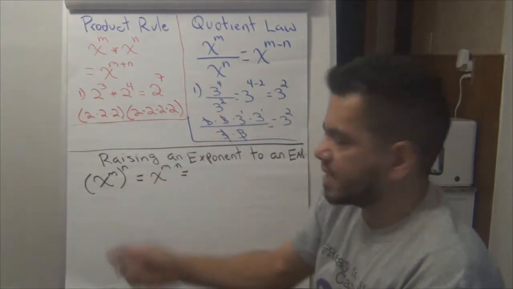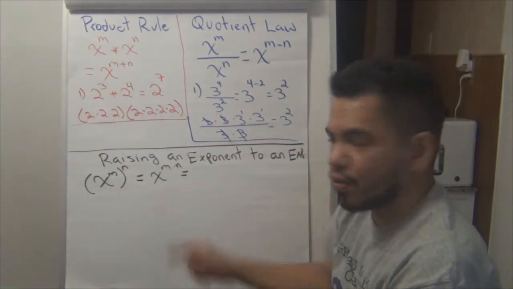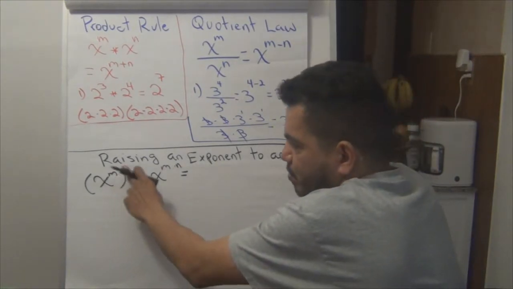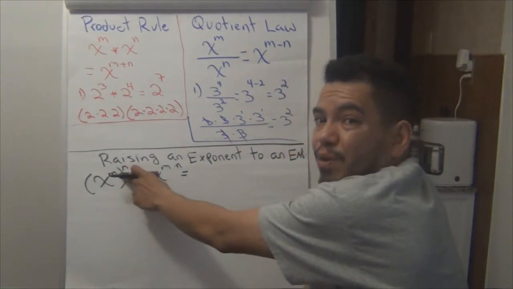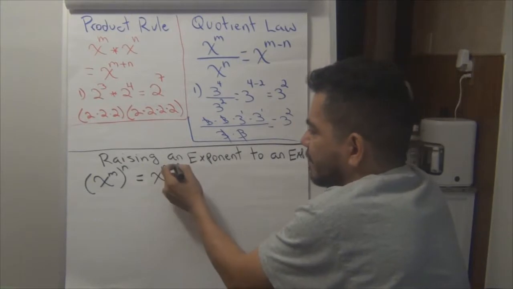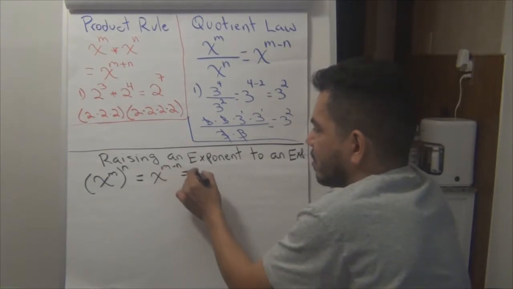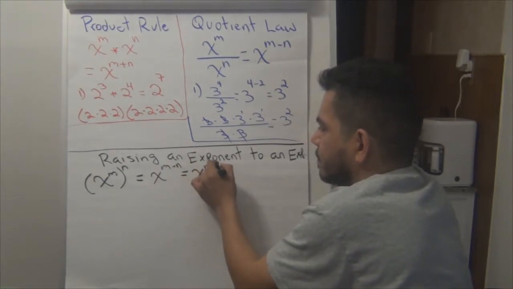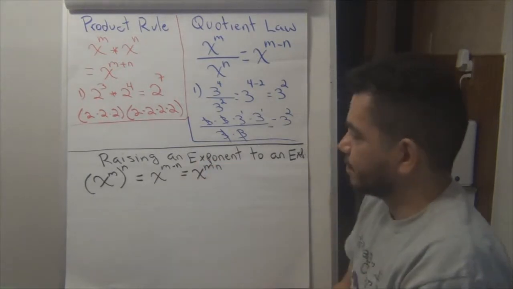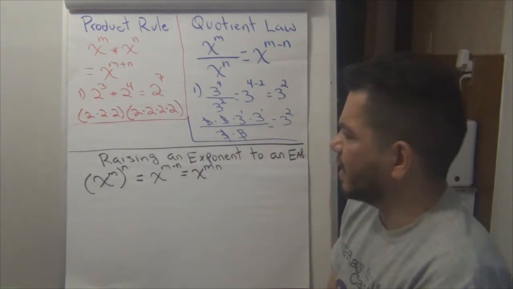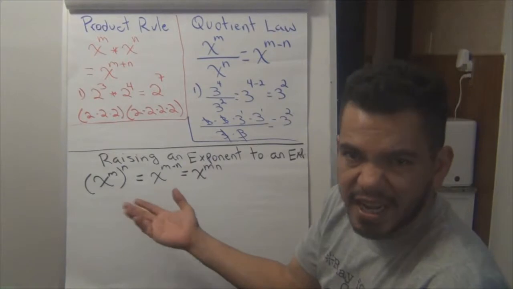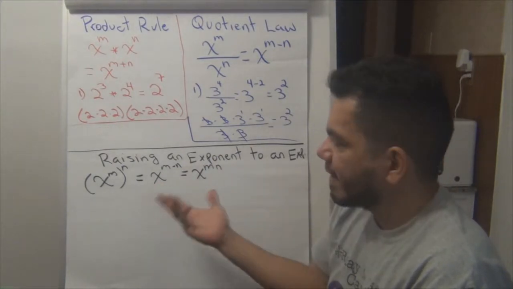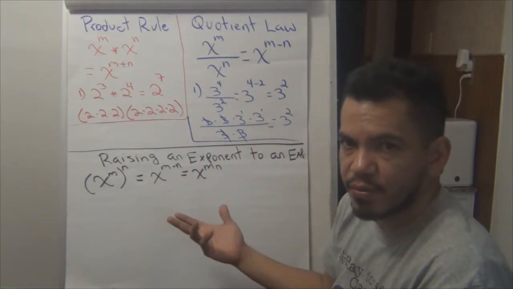Alright, you see I can multitask. I answer the phone and I'm still writing the rule. So it says that when you raise a power to another, raise an exponent to another exponent, all you have to do is multiply the exponents. That's the rule. Yeah, but okay, I understand how to do it, but can you prove to me that that's really what it is?